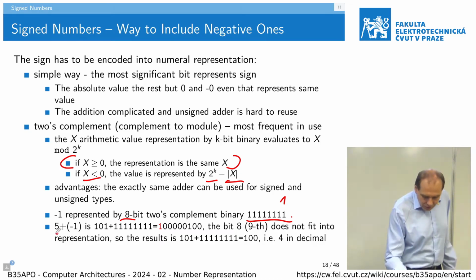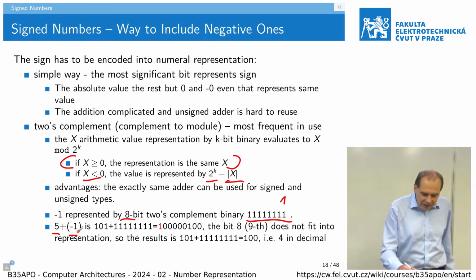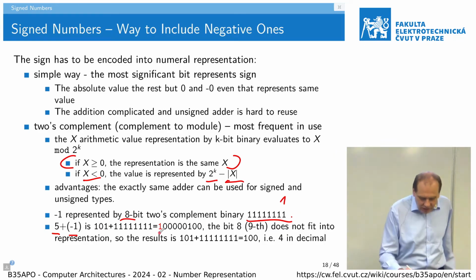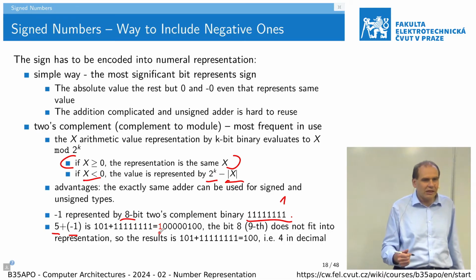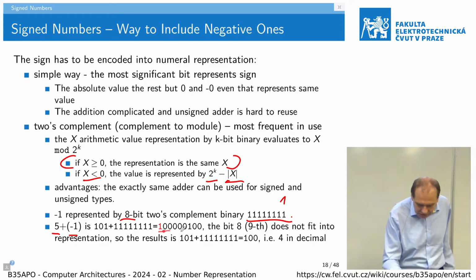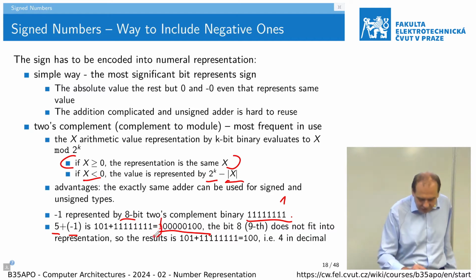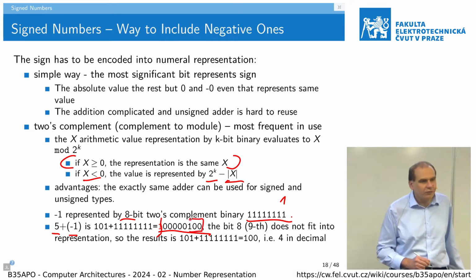If we want to add a 5 with a -1, so in fact subtract the 1, then we do a simple addition. If you try to do it mechanically, then you find that even though we do not consider that we are working with a second complement representation, we get this value, but the most significant bit is lost, and this value is in fact the 4.